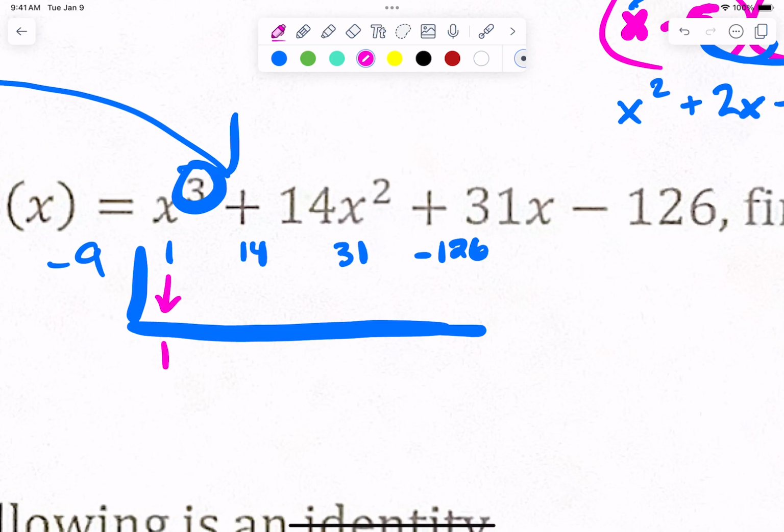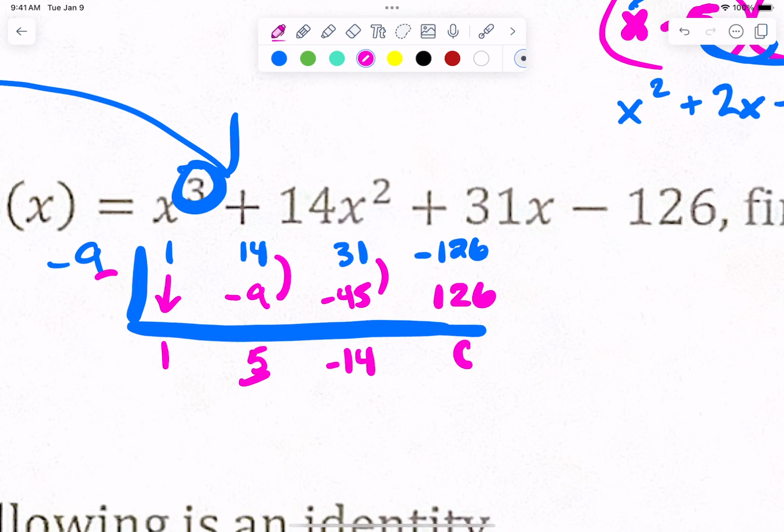Negative 9 times 1 is negative 9. Add this together. 5, okay? Now what? Negative 9 times 5 is negative 45. Okay, add? Negative 14. What's negative 9 and negative 14? 126. I'm really hoping it's 126 because then my remainder is 0, right? Okay?